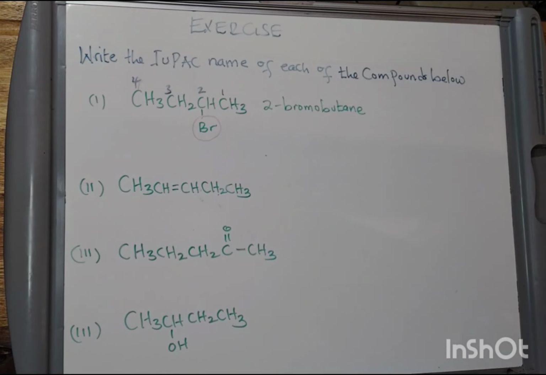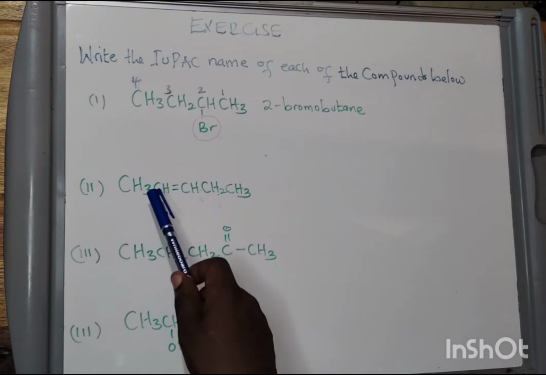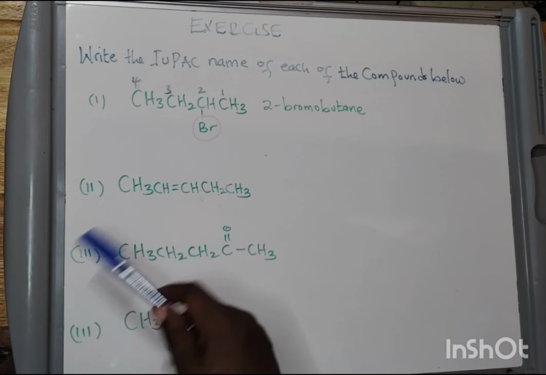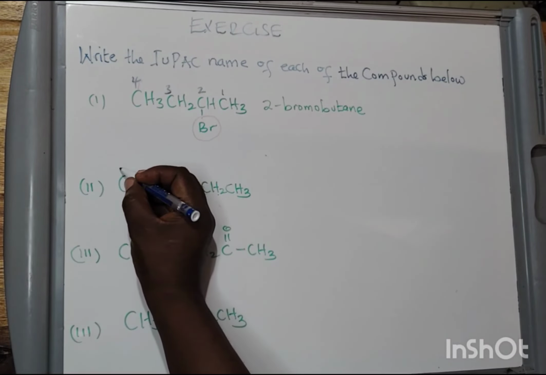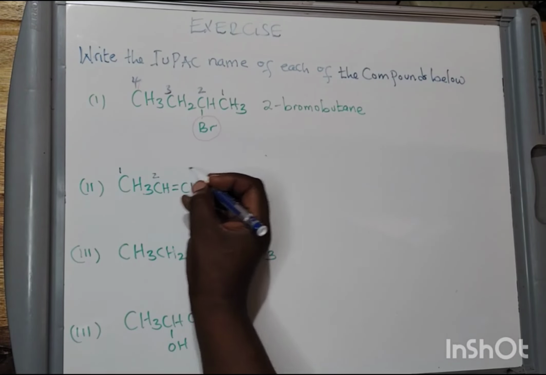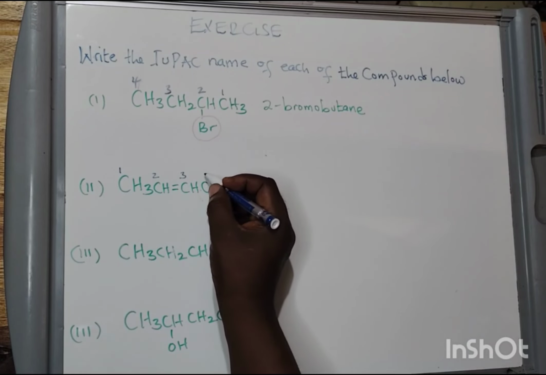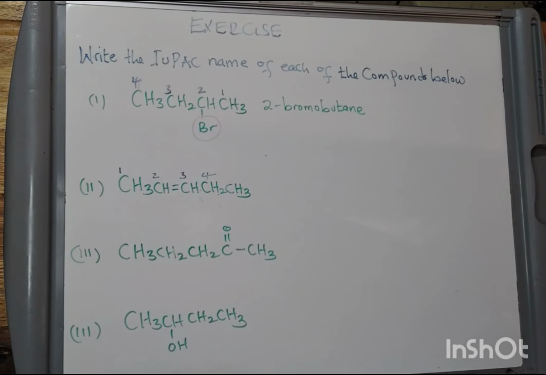Okay, let's come here. What do we see here? We are seeing our compounds. Okay. And we are doing the counting. Which side are we counting from? Here is 1, 2. Here is 1, 2, 3. So this is going to be our number 1, our number 2, our number 3, our number 4. And if that is true, then you have the name.